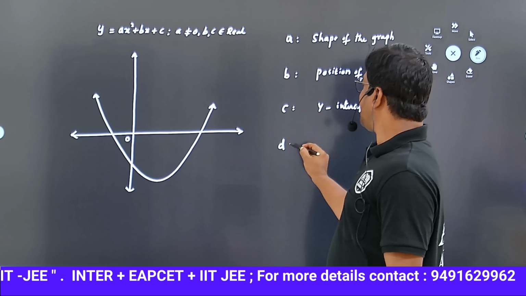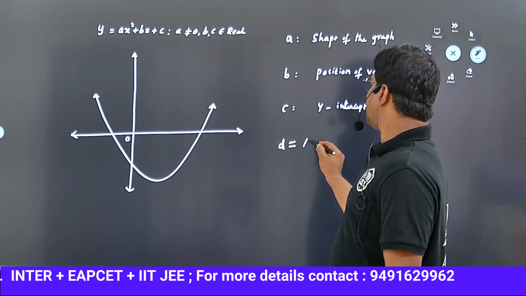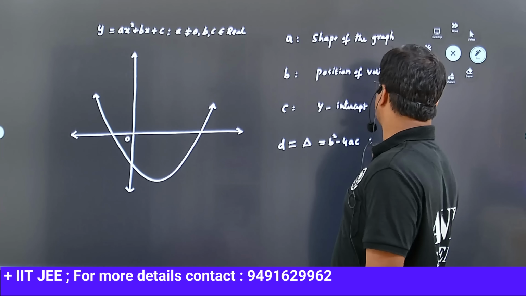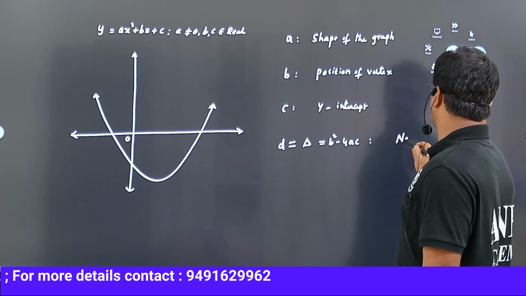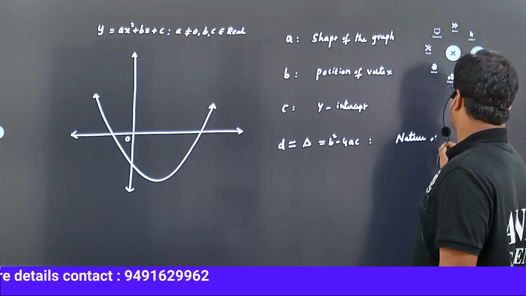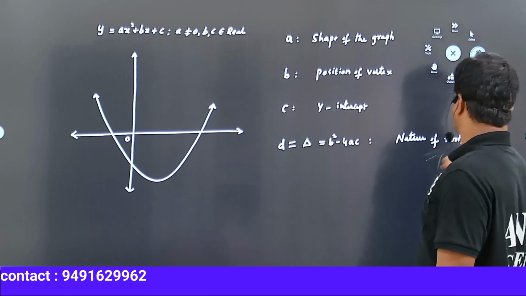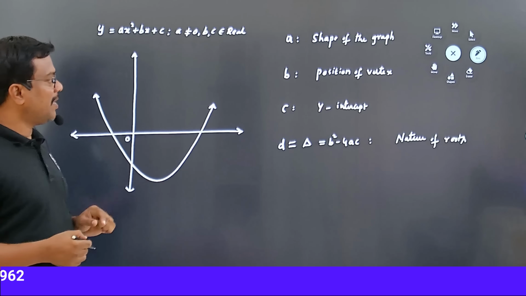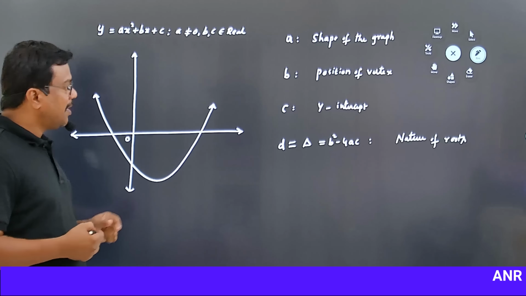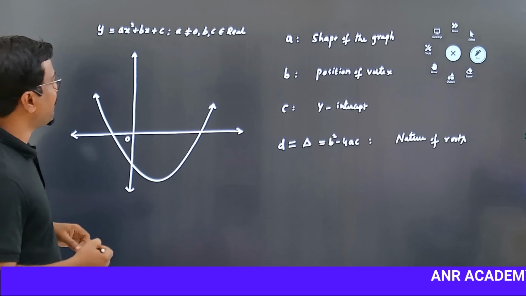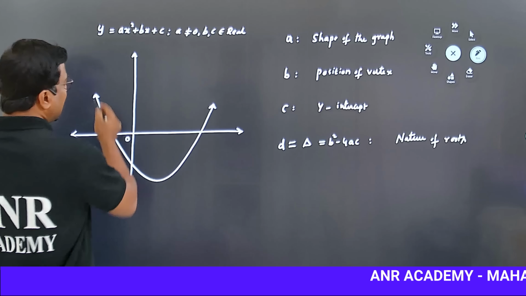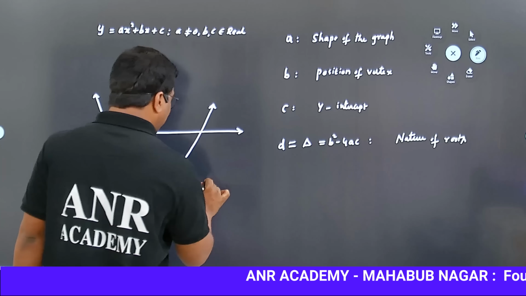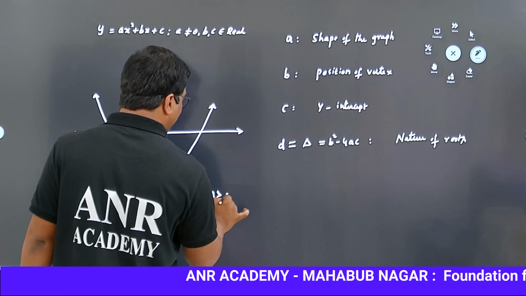Next, d or discriminant delta, b square minus 4ac, that represents the nature of roots. Small a, shape of the graph, small b, position of vertex, small c, y-intercept, and small d, nature of roots. Here, the given graph is of U shape, so for a U shape graph the sign of a should be positive.